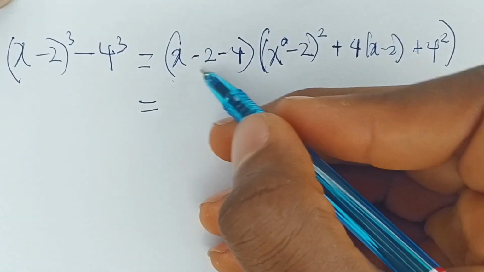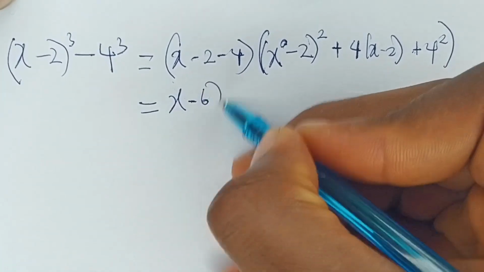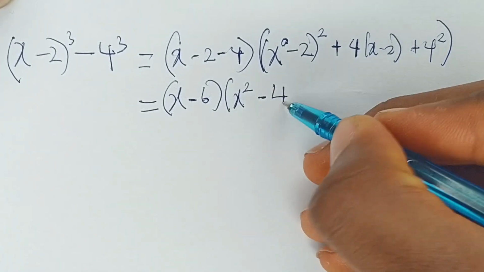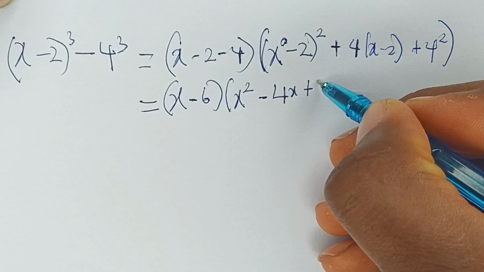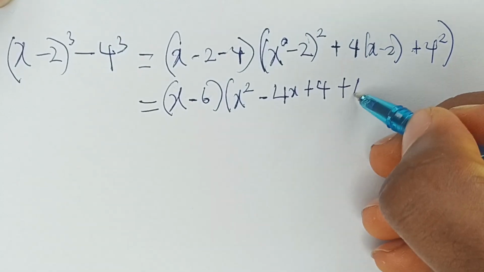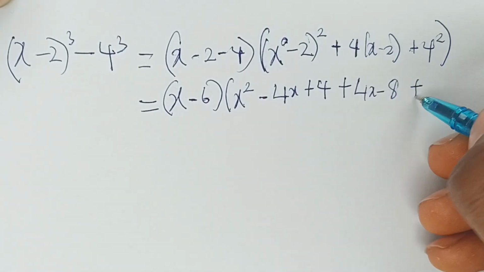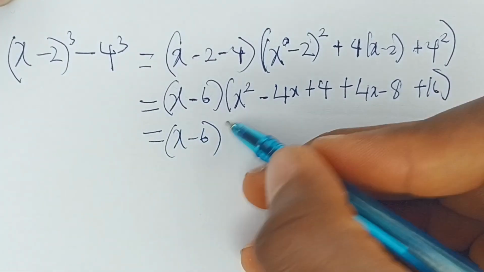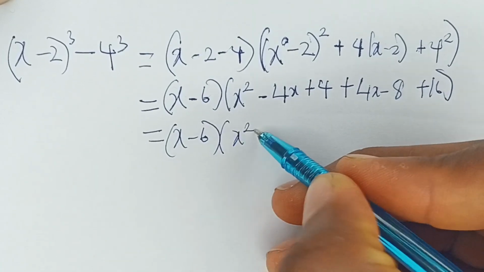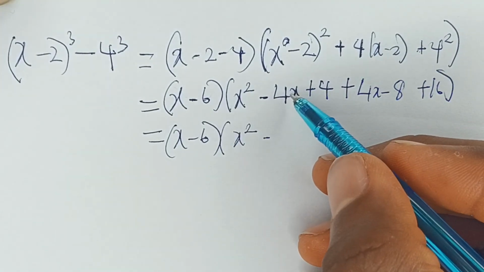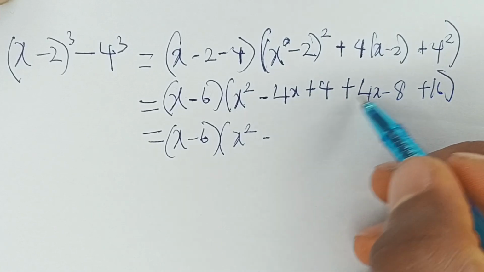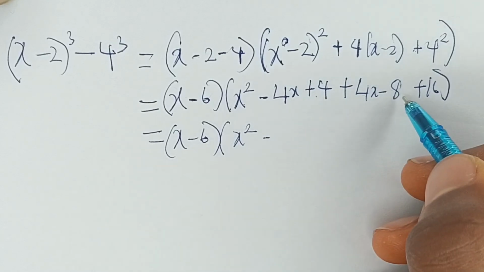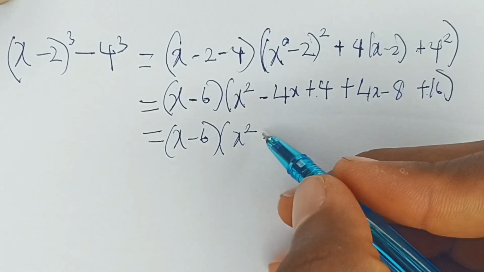This is equal to x − 2 − 4, which is x − 6, into x^2 − 4x + 4 + 4x − 8 + 16. This is equal to (x − 6) multiplied by x^2, minus 4x plus 4x is 0x. So we have 4 plus 16 is 20, minus 8 is plus 12.